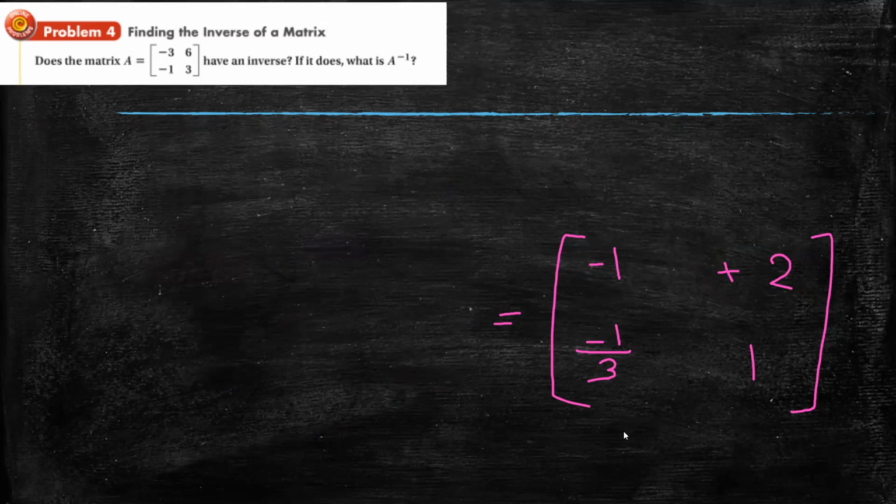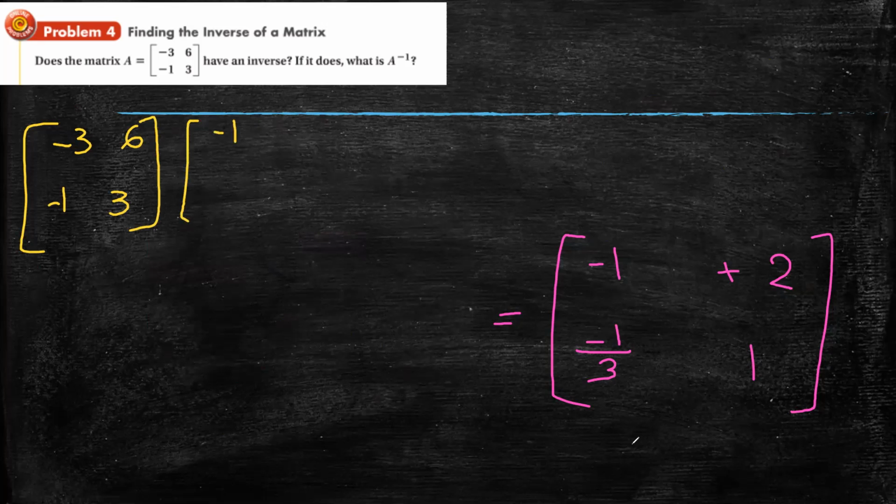Let's see if this is correct or not. Here we have negative 3, 6, 1, negative 1, and 3. Let's multiply it now by negative 1, positive 2, negative 1 over 3, and 1.